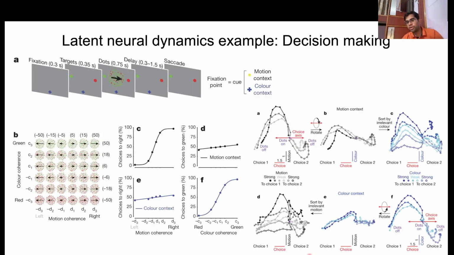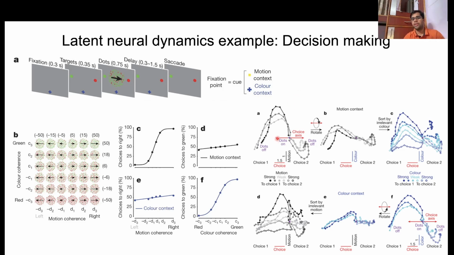Now how you can use this is, once you get test data, say the data from the next trial, which you still don't have, based on the current recording the point is here. Once you know the point is here, you can predict which direction the monkey makes a saccade to. So this can be used both as encoding as well as decoding.